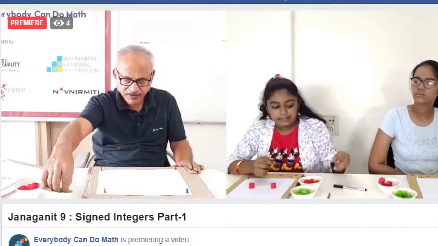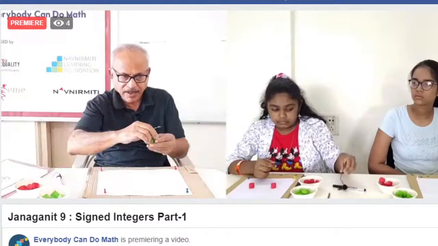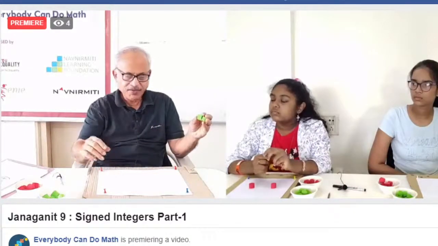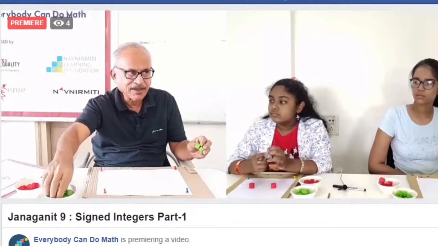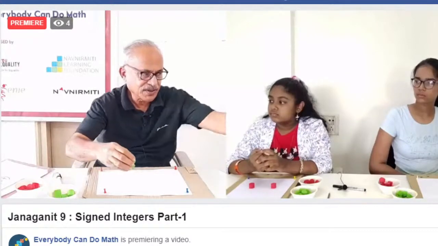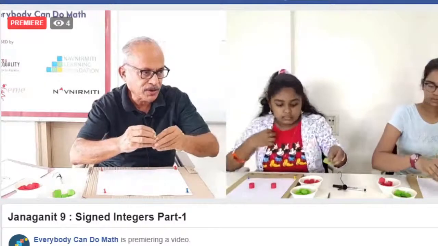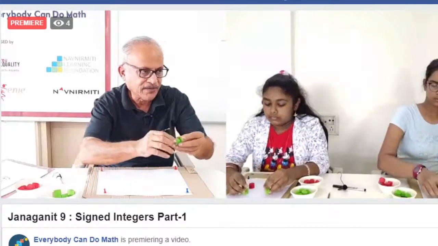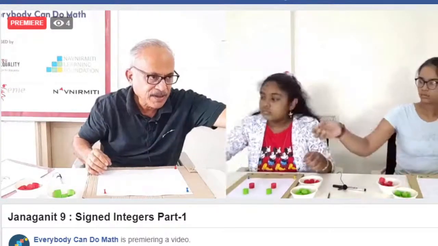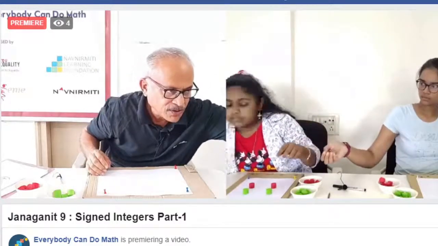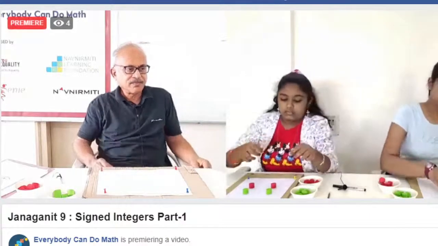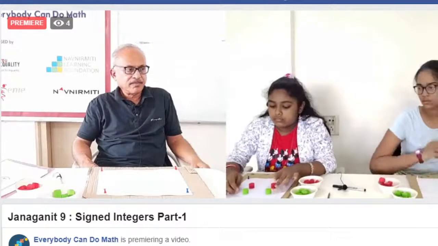Okay. Now I will give you 2 rupees. And I will give Nandita also 2 rupees. So take your 2 rupees, put it into your account, and give this to Nandita and put it into her account.